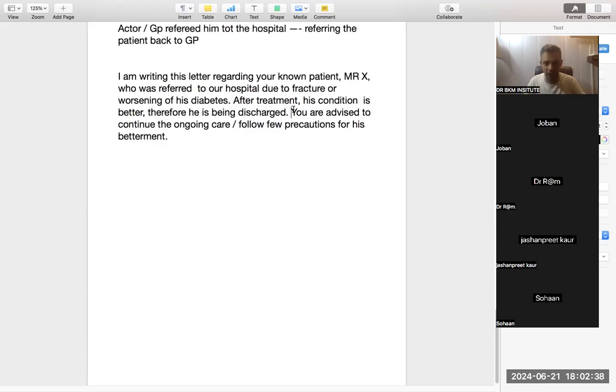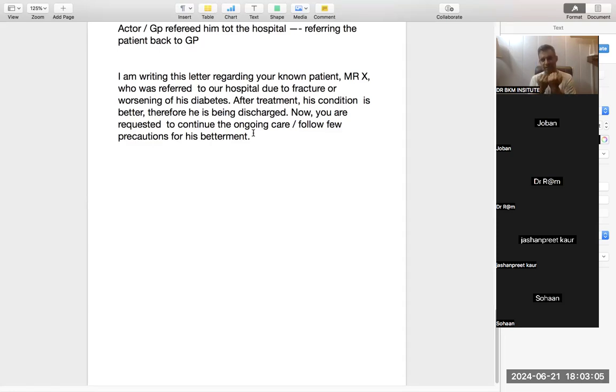Now, when you are talking to doctors, even if he is a GP, so now you are requested to provide him or to continue the ongoing. Nothing changes. Nothing. Rather than place, you are talking to a doctor. I am writing this letter regarding your known patient who was referred to our hospital.